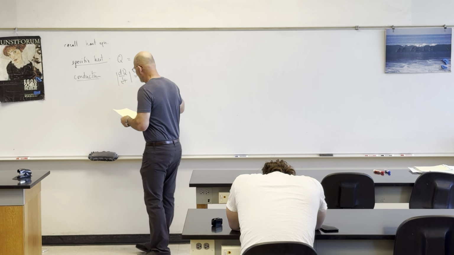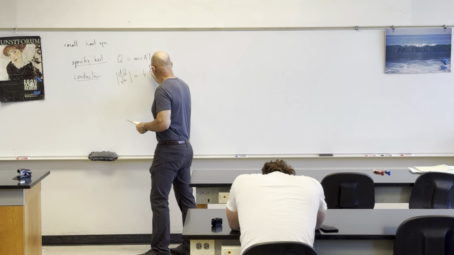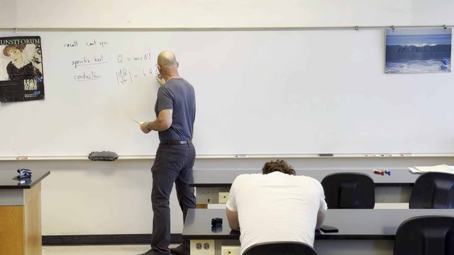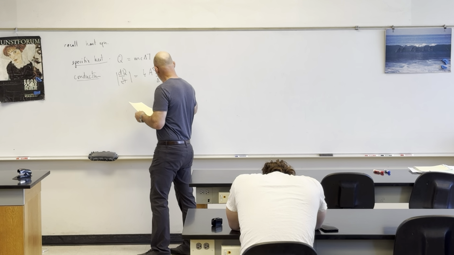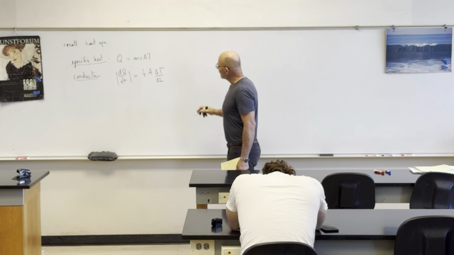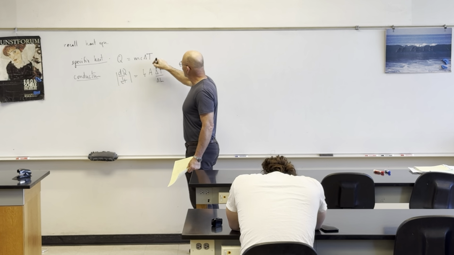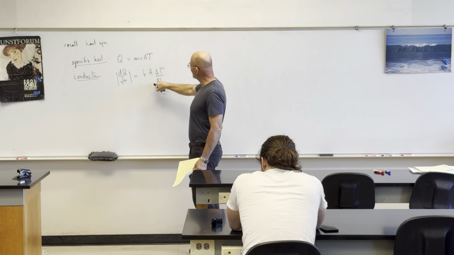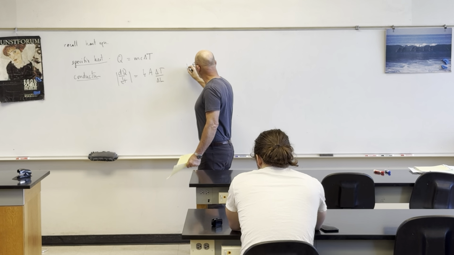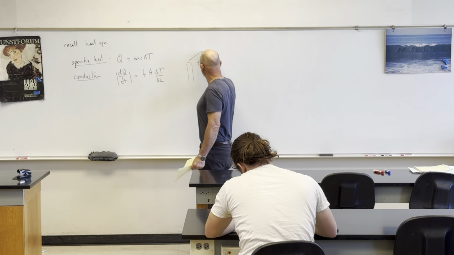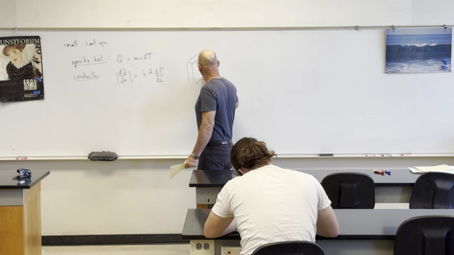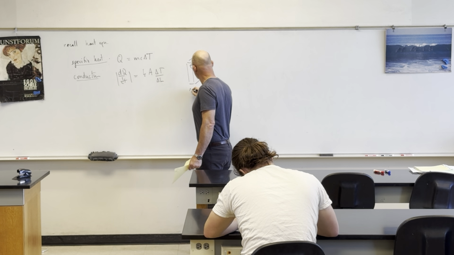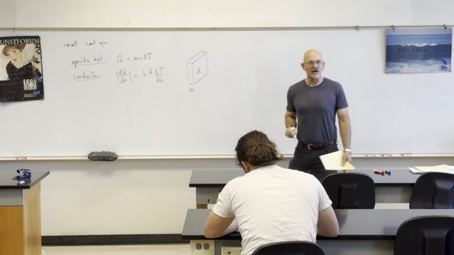I just did the magnitude at the time. A over delta L. And in my picture, that was a temperature difference over a thickness delta L and a surface area A. Okay. So that's what we had, heat equation.